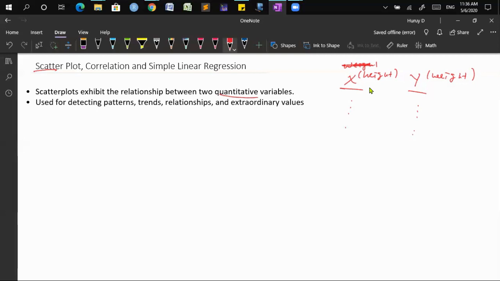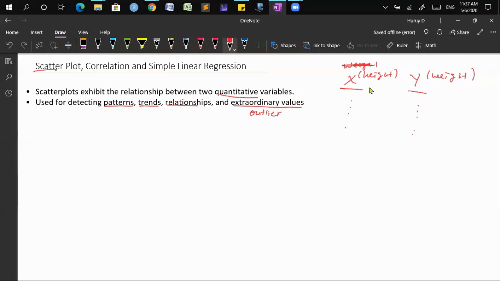In order to construct a scatter plot, what we need is two quantitative variables. And the scatter plot is used to detect patterns, trends, and relationships, and extraordinary values, which means, again, outliers. Using the scatter plot, we can see if there is an outlier or not. But for this extraordinary value, there is no measurement.